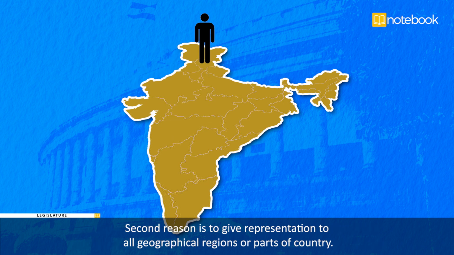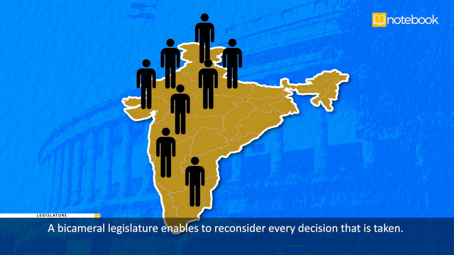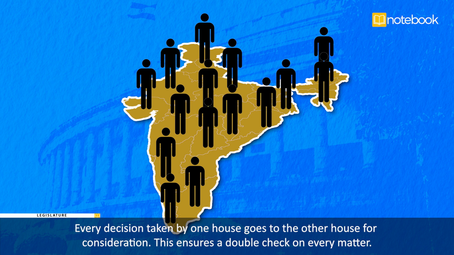The second reason is to give representation to all geographical regions or parts of the country. A bicameral legislature enables us to reconsider every decision that is taken. Every decision taken by one house goes to the other house for consideration. This ensures a double check on every matter.